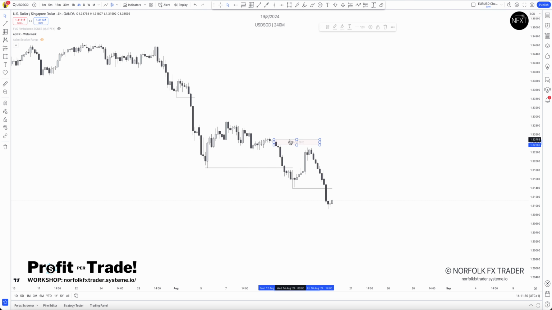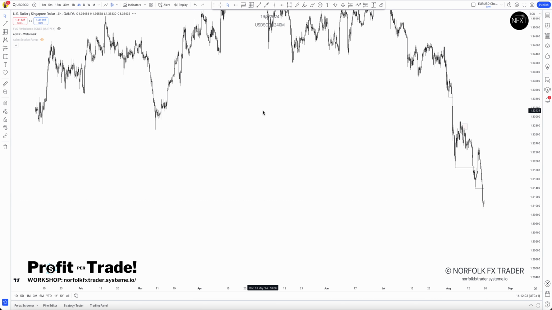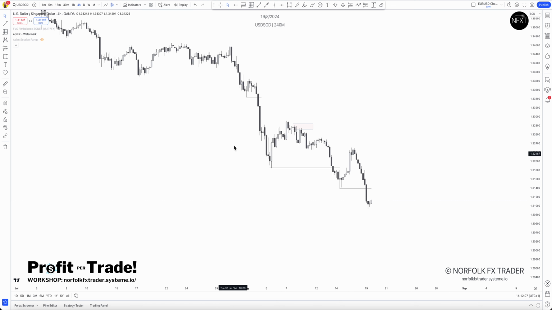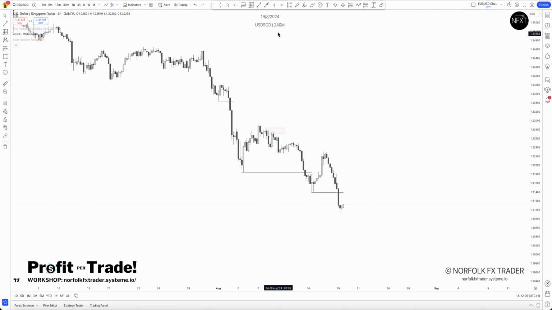Okay, we can also identify, let me just double check where we're looking at this, another area of supply, which did hold price, and then we continued lower. If we just look back, we can see nothing really that's broken that low, so we're very bearish here in the market. So new supply would be here.